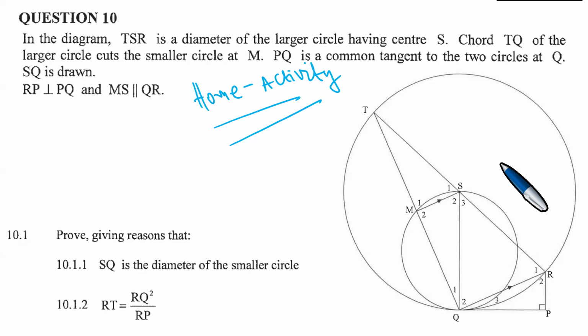This one is in the diagram. TSR is the diameter of the largest circle, having center S. Chord TQ of the largest circle cuts a smaller circle at M. PQ is a common tangent to the two circles at Q, and SQ is drawn.